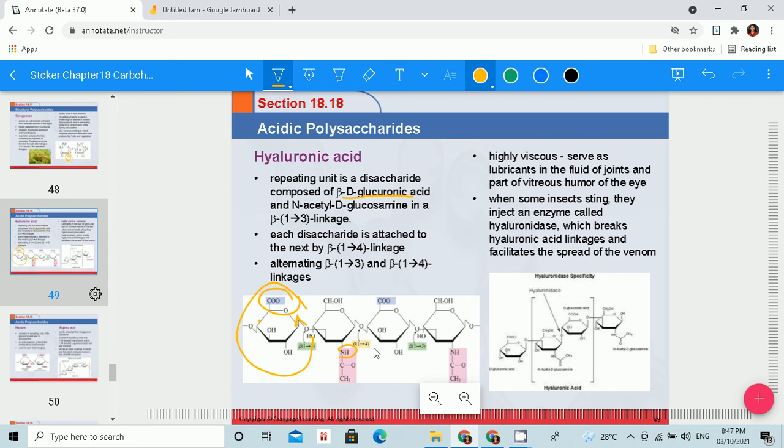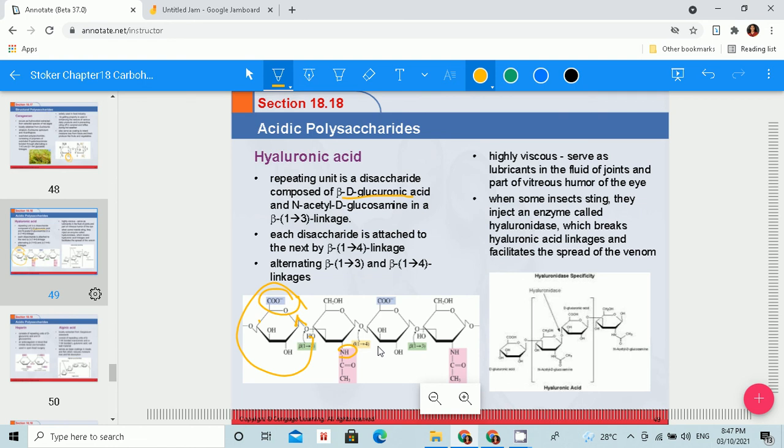So this is highly viscous and serves as a lubricant in the fluid of joints and parts of the vitreous humor of the eye. When snakes sting, they inject an enzyme called hyaluronidase, which breaks hyaluronic acid linkages and facilitates the spread of the venom.